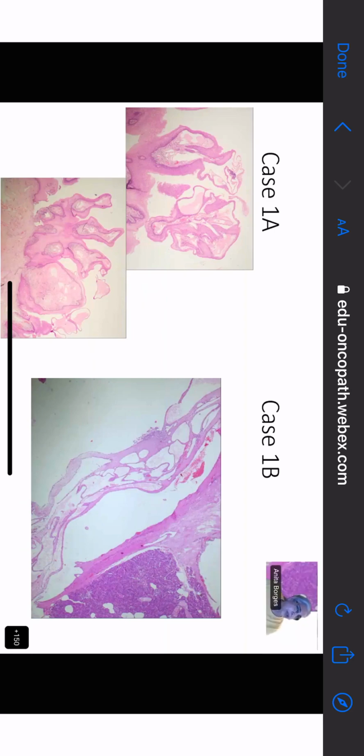Yes, ma'am. Now tell me, Dia, how certain are you that this is a papilla? No, ma'am. Now I would say that this is not a papillomatosis.